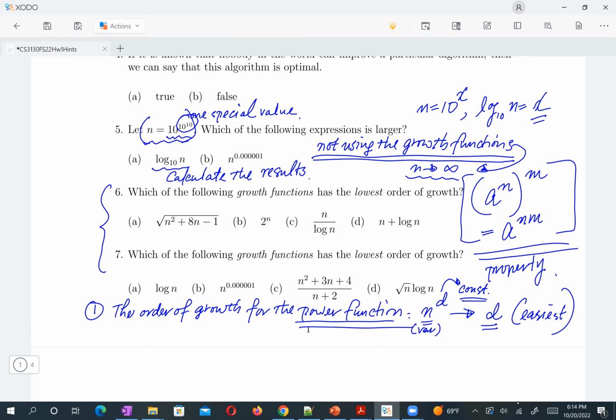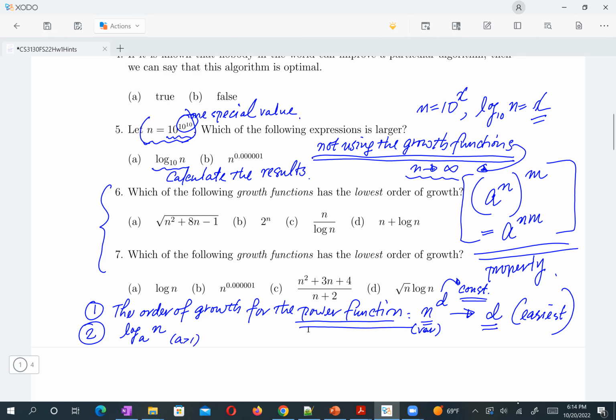But for some functions, it is very hard to use a specific number as the order of growth to measure. There are two such functions. One is the log function, log of any base a, with a greater than 1.